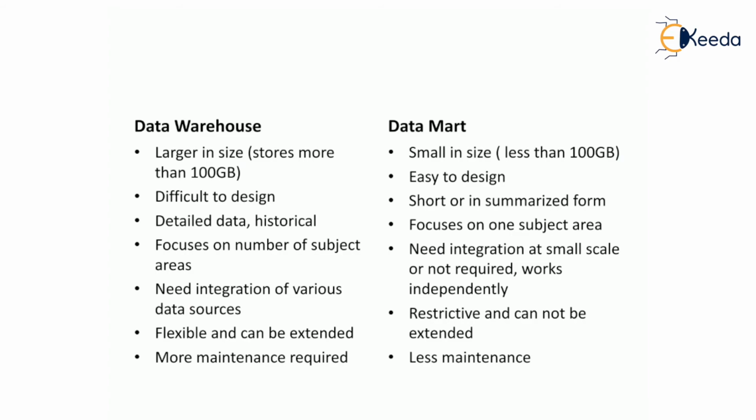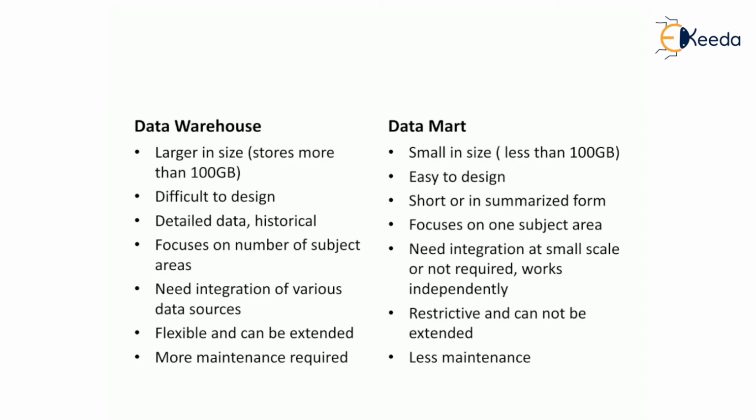Another is type of data. The data warehouse stores detailed data and the data is historic. On the other hand, the data mart stores short data, not in very detailed form, but in summarized form.